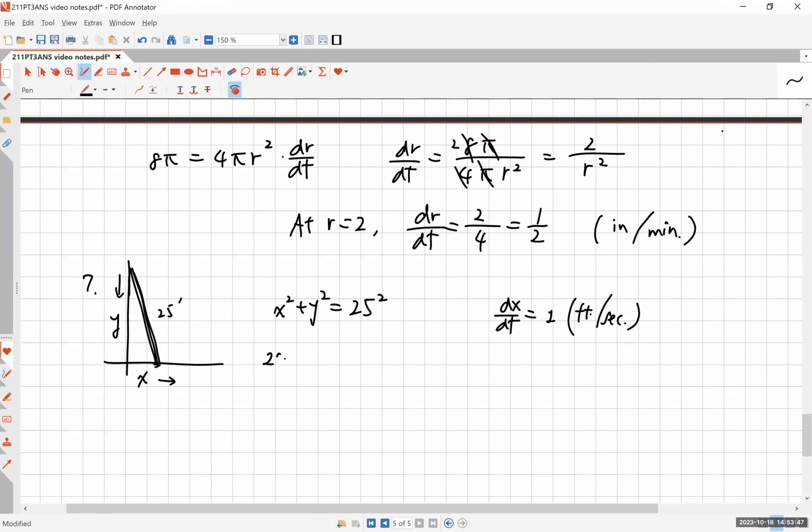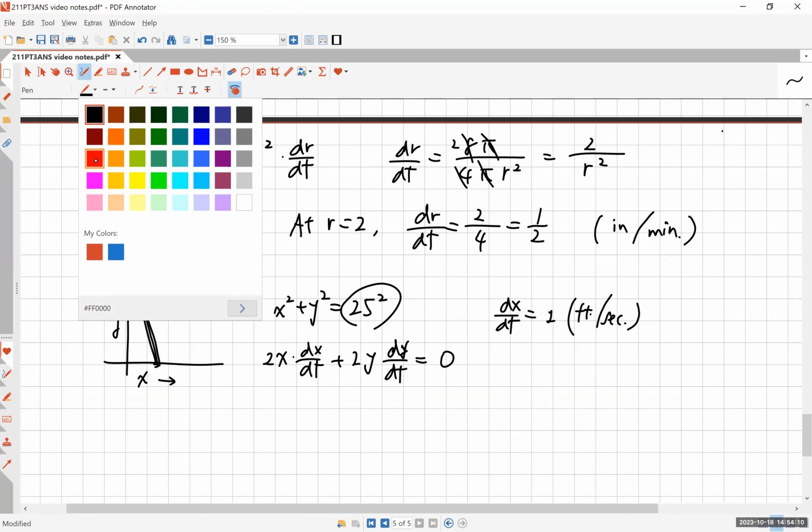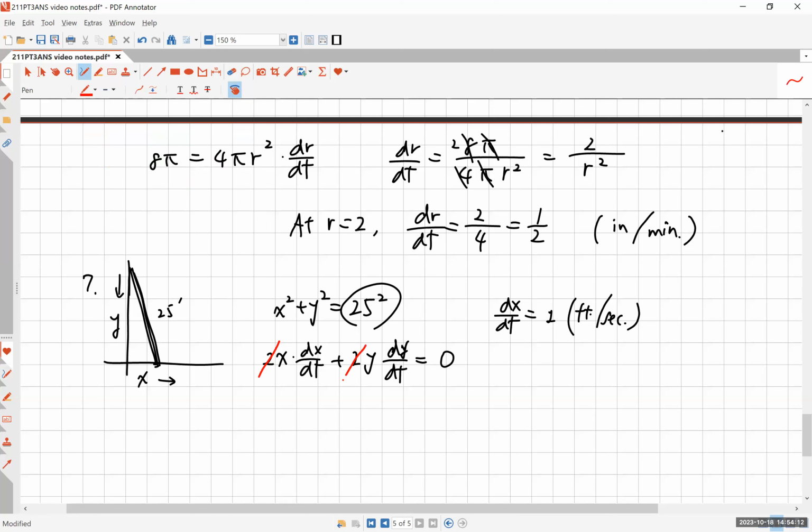Well, again, we differentiate everything here with respect to time t. So 2x times dx/dt plus 2y dy/dt is equal to, now this is 25 squared, but it's still a constant. You take the derivative of a constant, you just get 0. And in fact, you can cancel everything by 2.